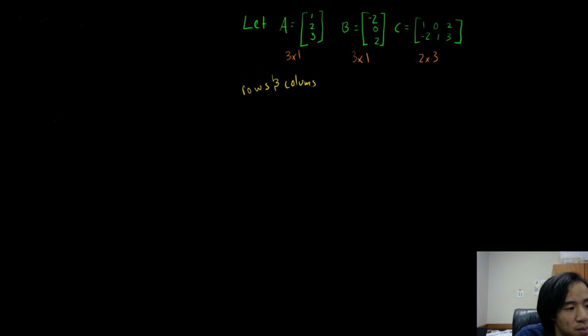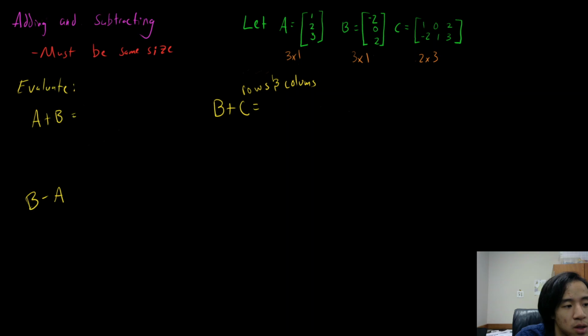The reason why this is important is because whenever you're adding and subtracting matrices, they actually have to be the same size. So if you take a look at A and B, they are the same size. So what you're going to do is add each element, and an element is just an entry in the matrix.